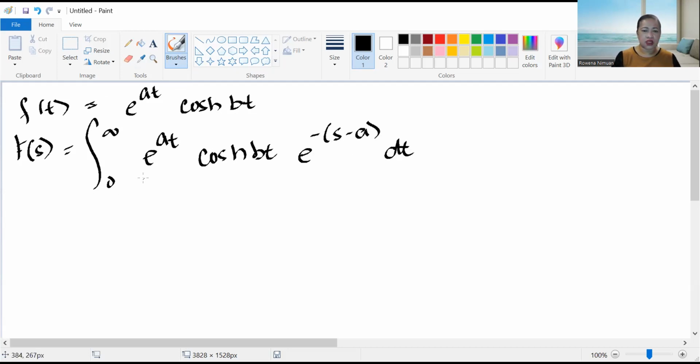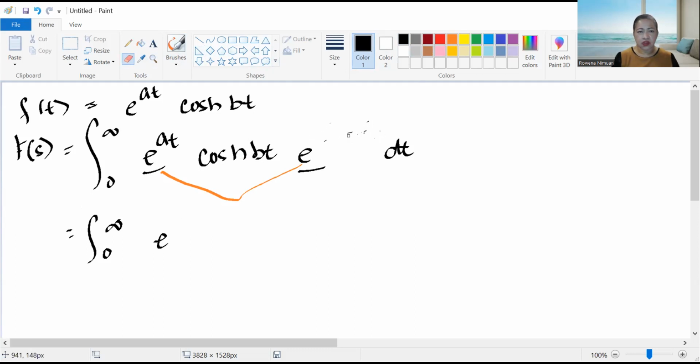Then, if I combine these two into a single exponential function, you can now have the integral from 0 to infinity of e to the negative s minus a times t, hyperbolic cosine of bt dt.